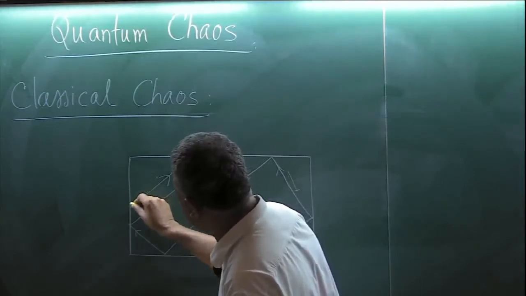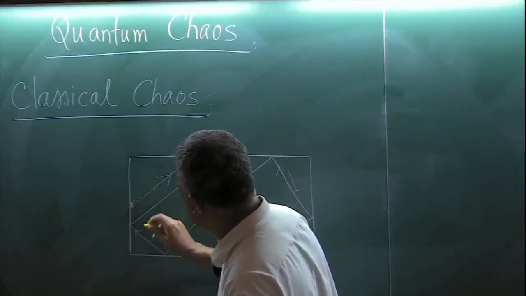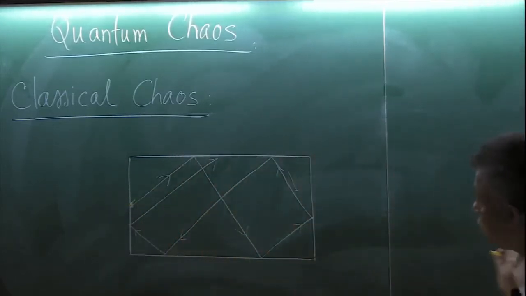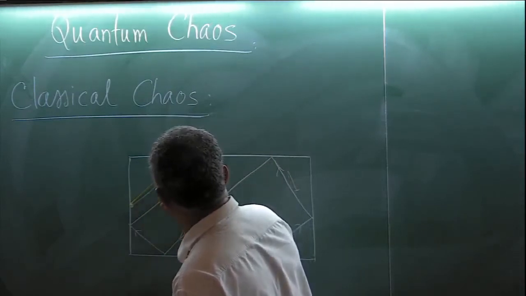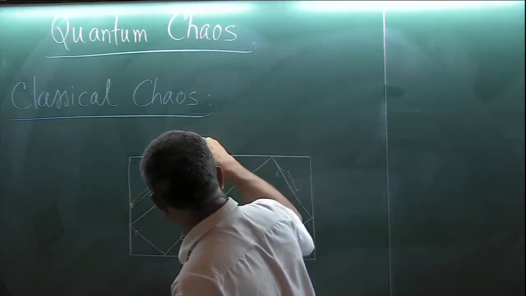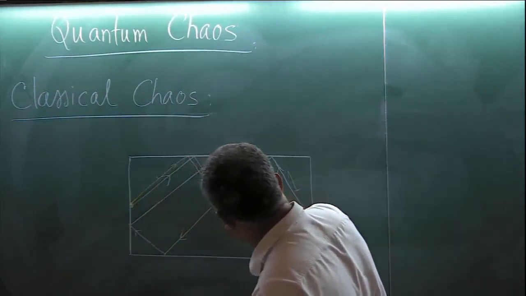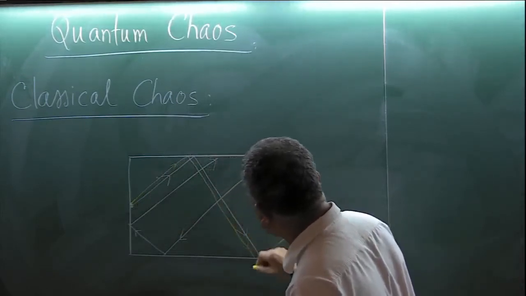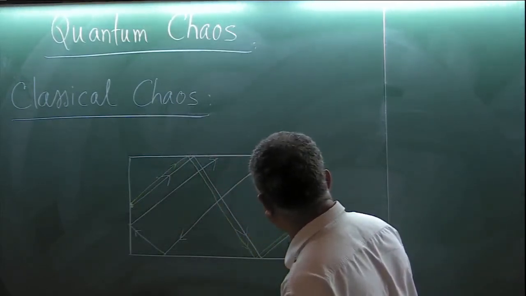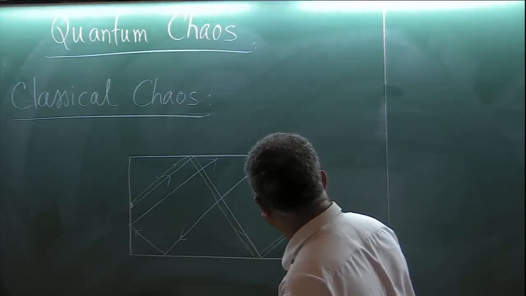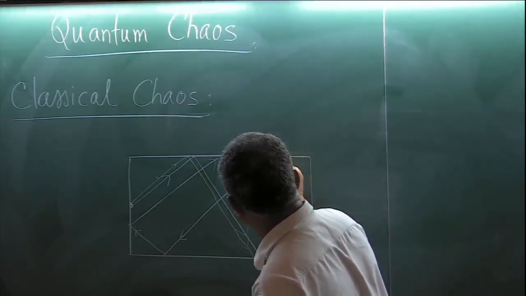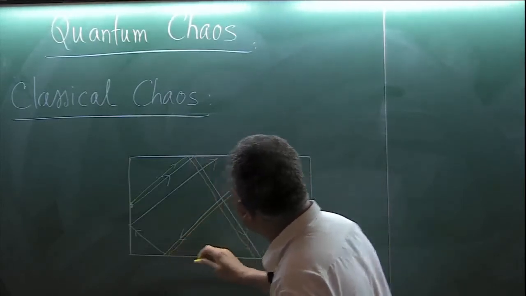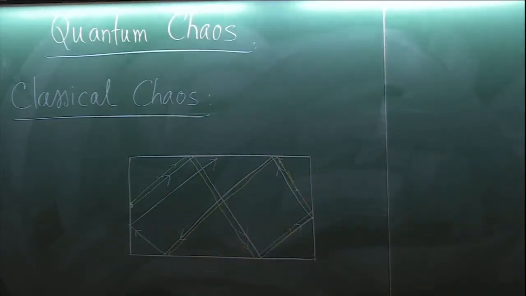And then again, you follow the trajectory with a slightly different initial condition, but the equation of motion is exactly the same for these two, right? So you will find that the second trajectory remains very close to the first trajectory, always, at all times, as long as you are in the rectangle. The trajectories stay close together, okay?